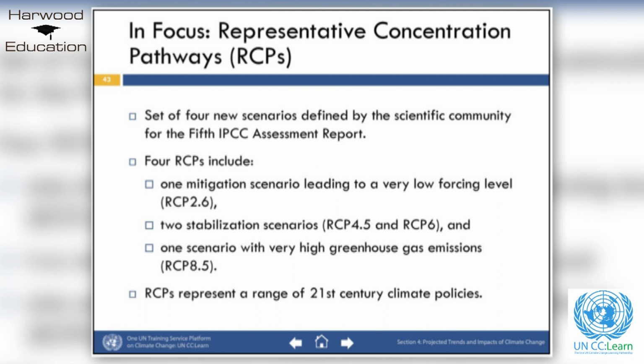These 4 RCPs include 1 mitigation scenario leading to a very low forcing level, RCP 2.6, 2 stabilization scenarios, RCP 4.5 and RCP 6, and 1 scenario with very high greenhouse gas emissions, RCP 8.5.